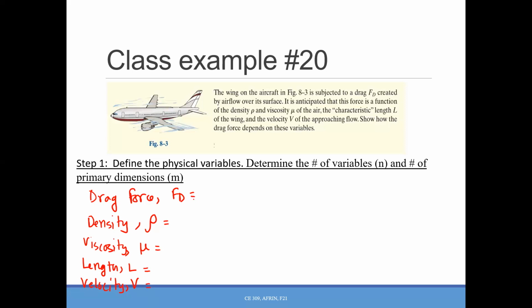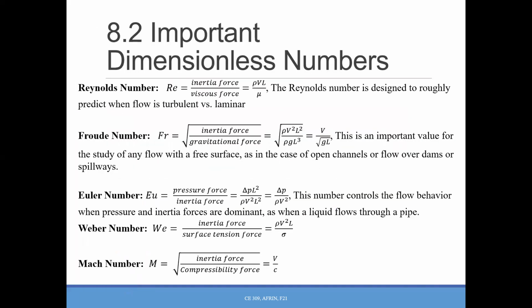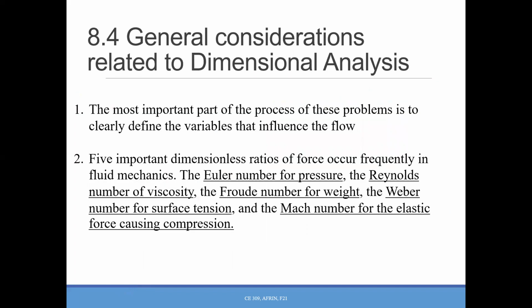And for each variable, we will get the dimension from table 8.1 because we need that for the primary dimensions. If I look at table 8.1, for the very first one, drag force, which is a force, we will use the FLT method. So this is just F. And you can find all the other variables here as well. So I will move to the problem here.